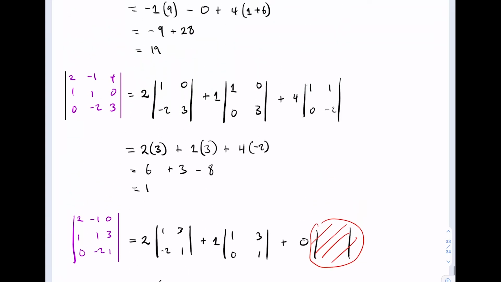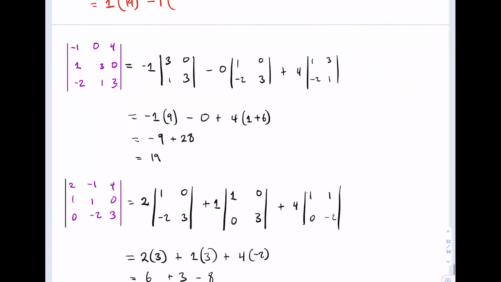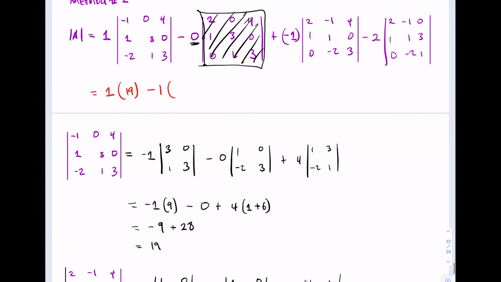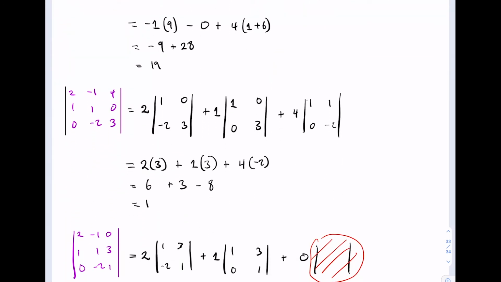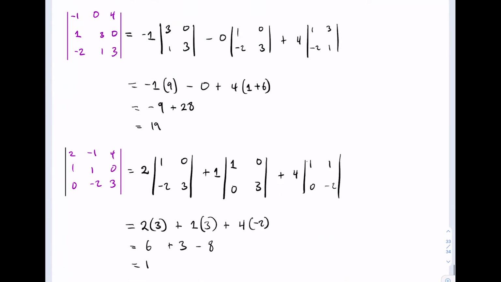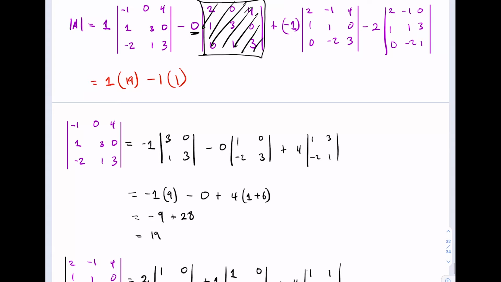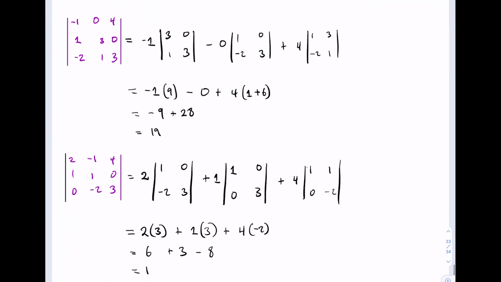Now, having all of these values, we can write down the value for our determinant as follows. This is 1 times 19 minus 1 times 1 minus 2 times 15.